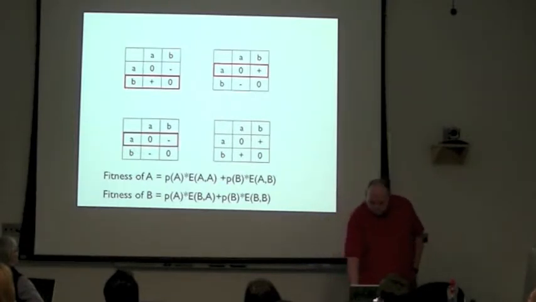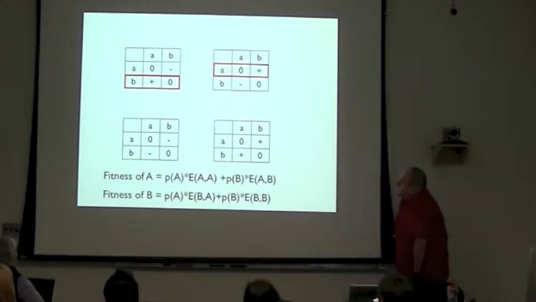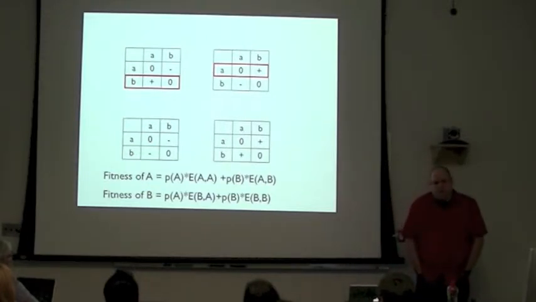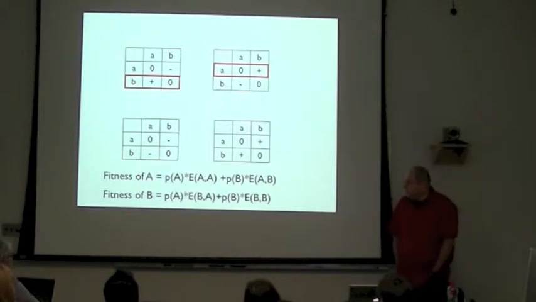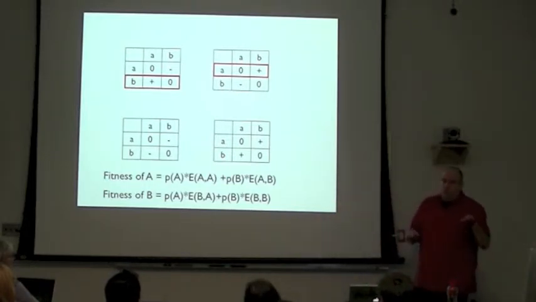Well, how about the one on the bottom left, where both payoffs are negative? If there are lots and lots of B players, A players suffer. If there are lots and lots of A players, B players suffer. That means that the players that are more abundant at the beginning are the ones that suffer less.